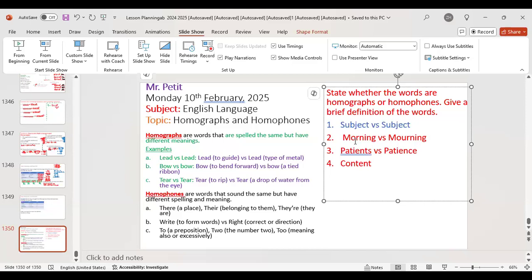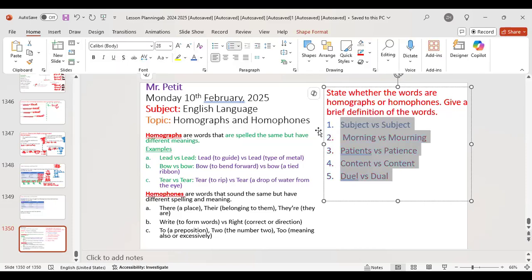Yeah, write down what they mean. That's all. Do we put it in the chat? No, write it in your book. Write the answers in your book. All of this should be inside of your book. You want to tell me whether it's a homograph or homophone, and then give me the definition of each.